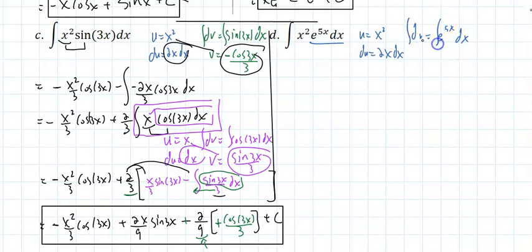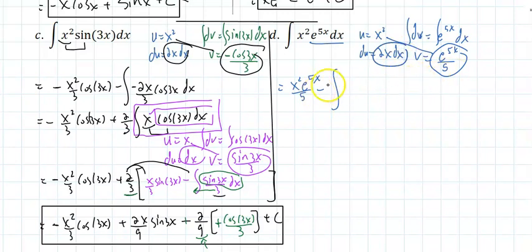And if I integrate, v would be e to the 5x over 5. If you take a derivative, you multiply, and the derivative you divide. This is going to equal u times v, x squared e to the 5x over 5, minus the integral of v du. If you multiply those, that's 2 over 5 x e to the 5x dx.